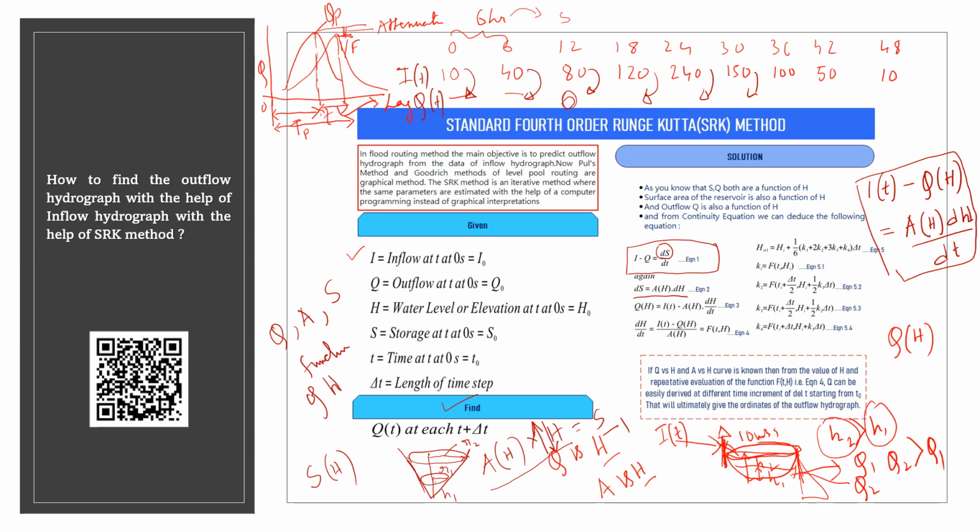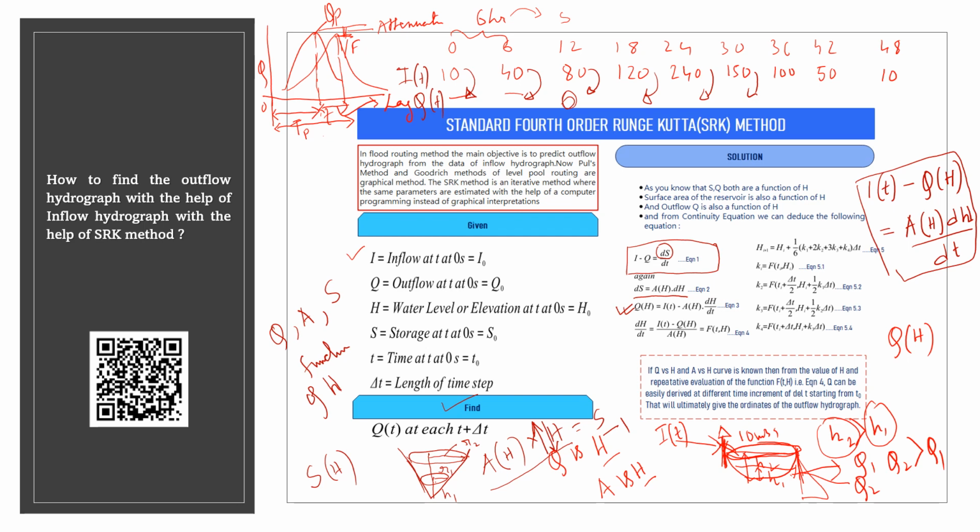Just take this I(t) to the right hand side, and this Q(H) will remain there, and you have to take the minus as common, so it will give you this equation: Q(H) equals I(t) minus A(H) dH/dt.